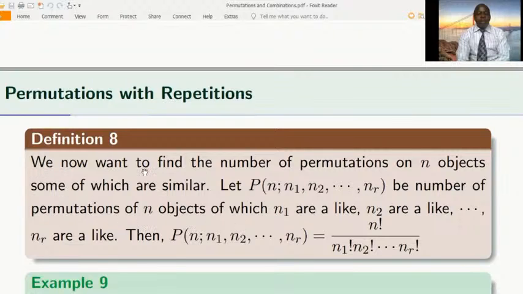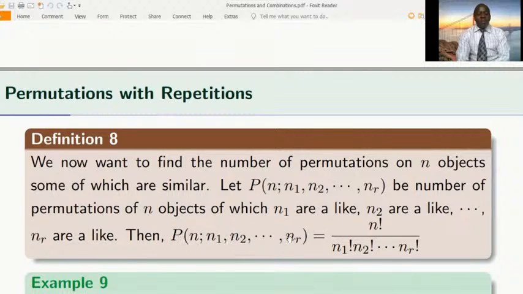I've said that we now want to find the number of permutations of n objects, some of which are similar. So let's assume that we are given n objects, and that n1 objects are similar, n2 objects are similar, all the way up to nr objects are similar. Then how do we find the number of permutations?